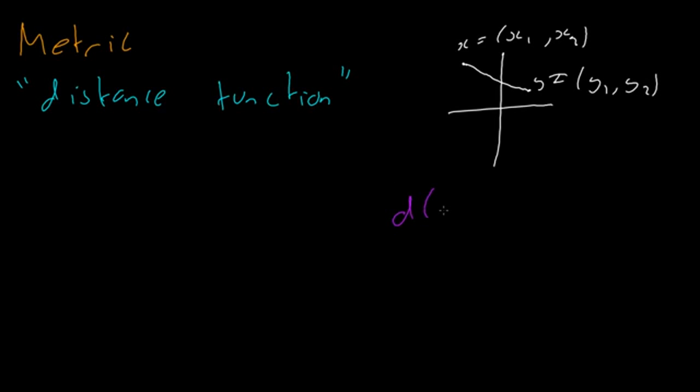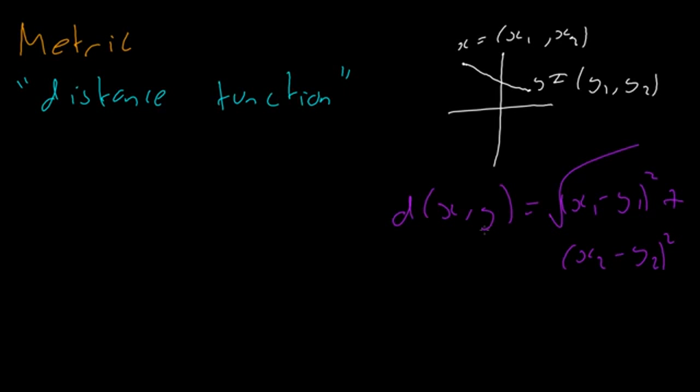So I'm just using d of xy to denote the distance function between the point x and the point y, and this is equal to the root of (x1 minus y1) squared plus (x2 minus y2) squared. And so let's just analyze what's exactly happening here.